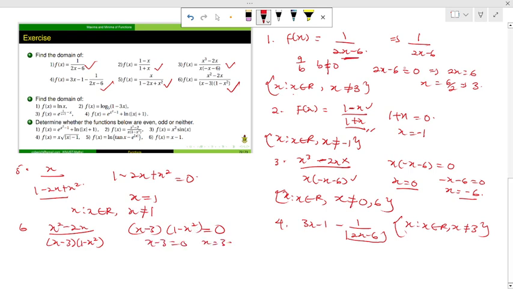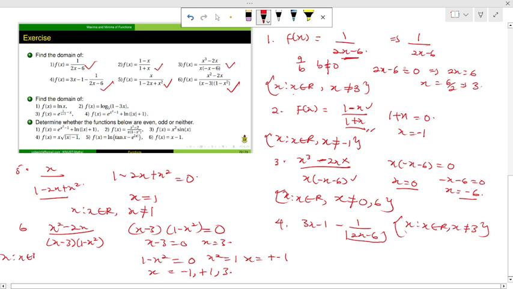Then I'll also take 1 minus x squared is equal to 0. Therefore, x squared will be equal to 1, and x is equal to plus or minus 1. Therefore, the values of x are either -1, +1, then 3. So x is such that x is a member of all real numbers where x is not equal to -1, +1, 3. And that gives us our domain of the function.